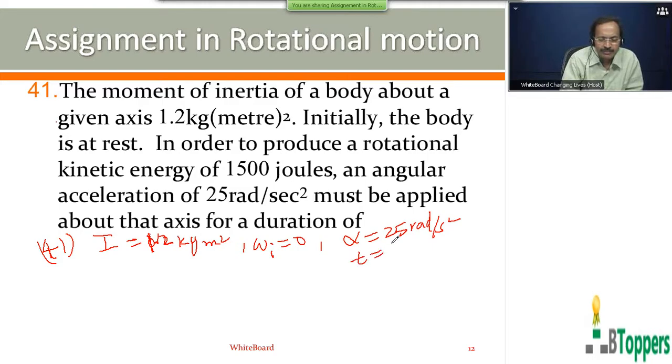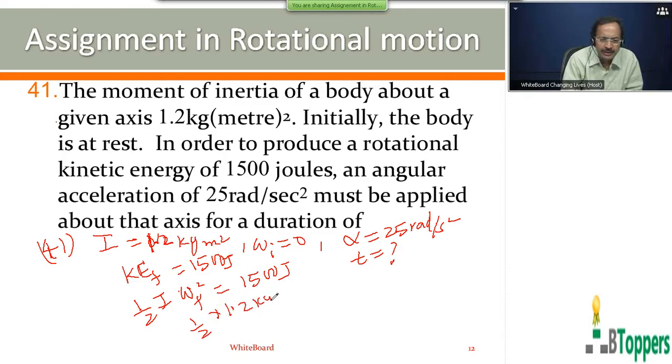You have to find the time taken to acquire a final kinetic energy of 1500 joules. Let us find the final angular velocity first to find the time. The final kinetic energy you can write as half I omega f square, that is 1500 joules. You are given the moment of inertia I equal to 1.2 kg meter square.